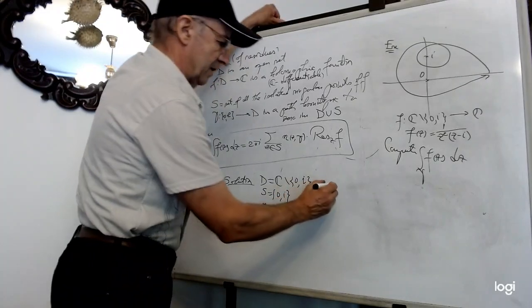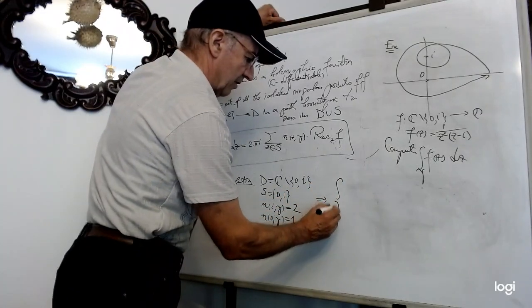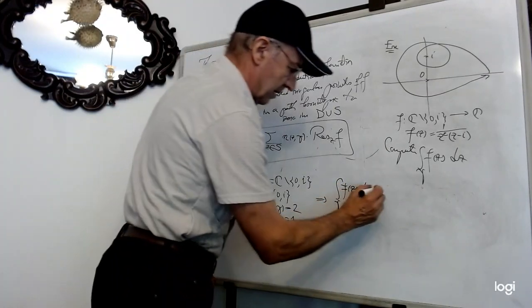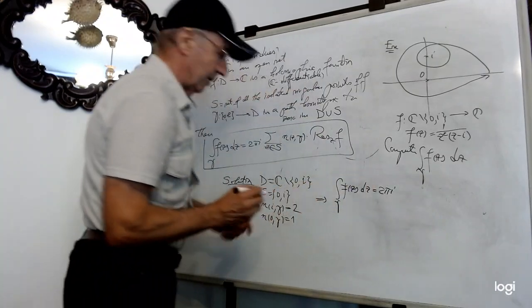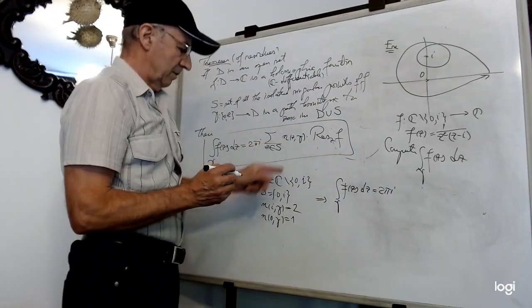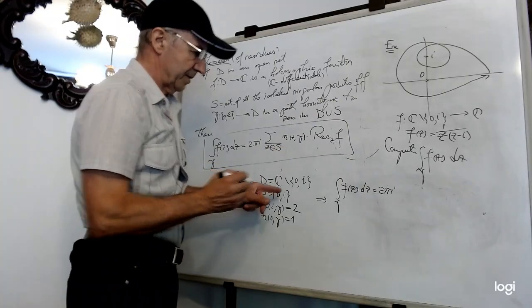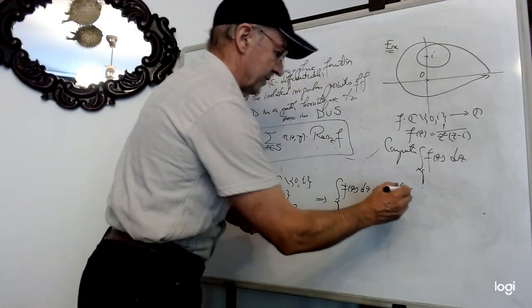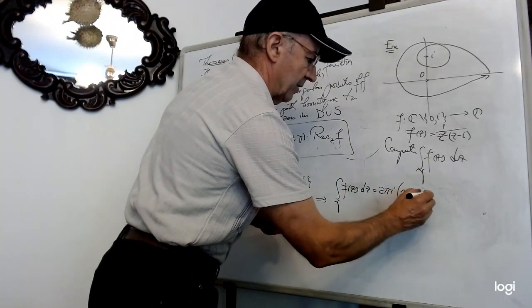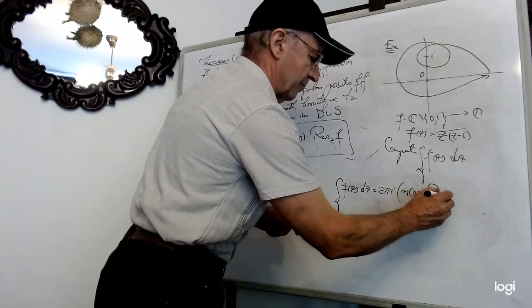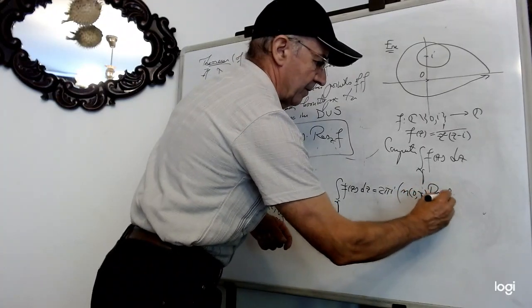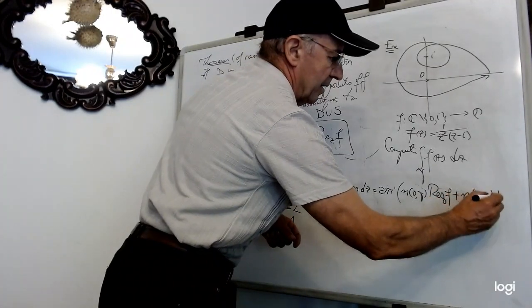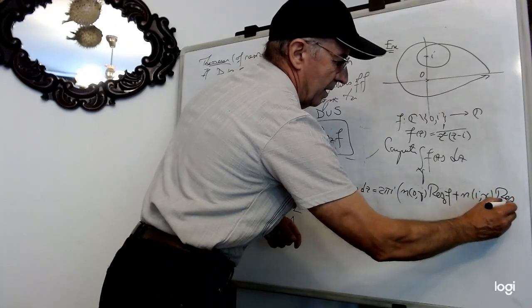So we get the integral along gamma of f of z dz is 2 pi I. We have just two isolated singular points: the winding number of 0 with respect to gamma times the residue at point 0 of f, plus the winding number of I with respect to gamma times the residue at I of f.